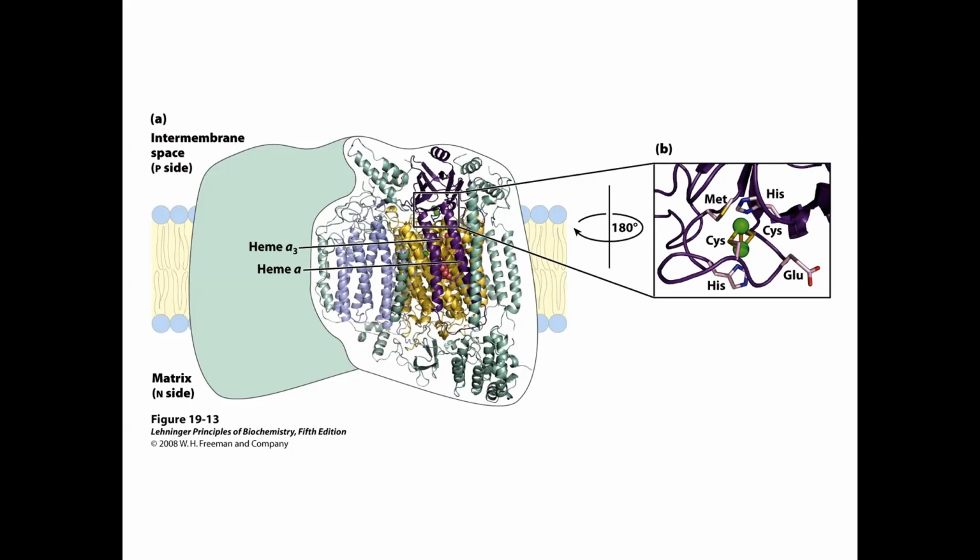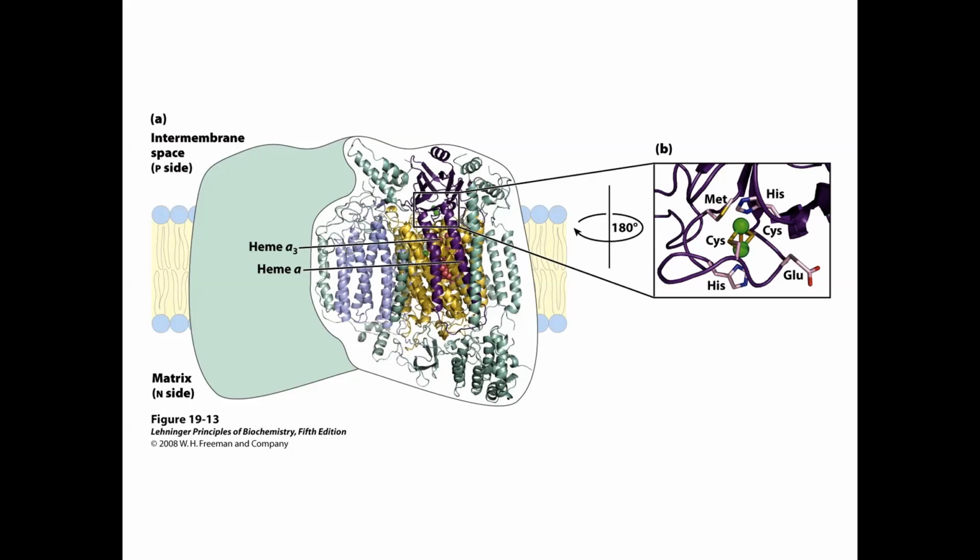The 2 copper centers are termed CuA and CuB, copper A and copper B. The copper centers are critical in the reduction of oxidized iron of cytochrome C, which was oxidized by the electrons from complex 3. And the iron 3 of cytochrome C, that's the site of cyanide inhibition of complex 4.